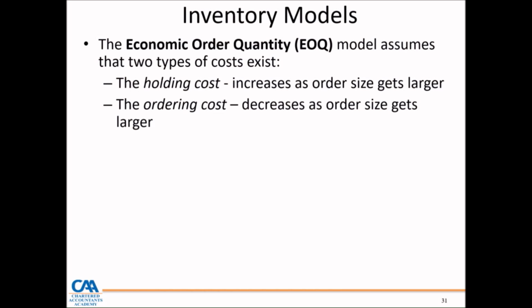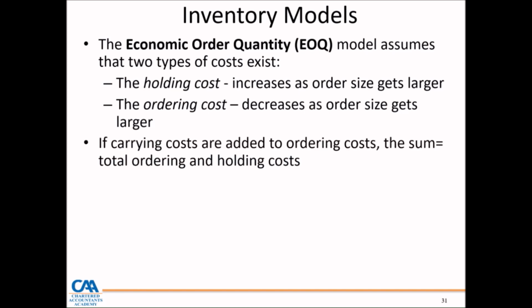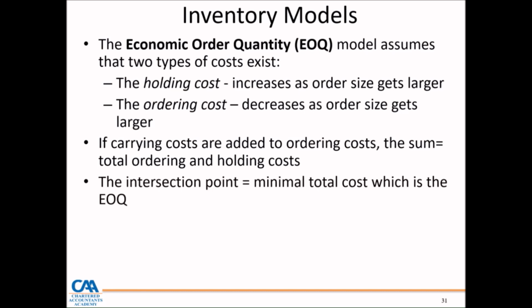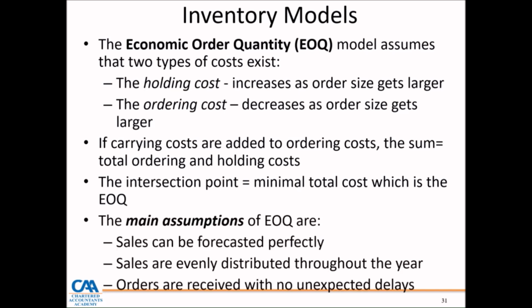So this model assumes that two types of costs exist: our holding costs and our ordering costs, as we discussed earlier on. If carrying costs are added to ordering costs, the sum will be total ordering and holding costs. You understand that? The intersection point is the minimal. Then the main assumptions of economic order quantity are that sales can be forecasted perfectly in a perfect market, and sales are evenly distributed throughout the year, because it gives you an average quantity to be held each month.